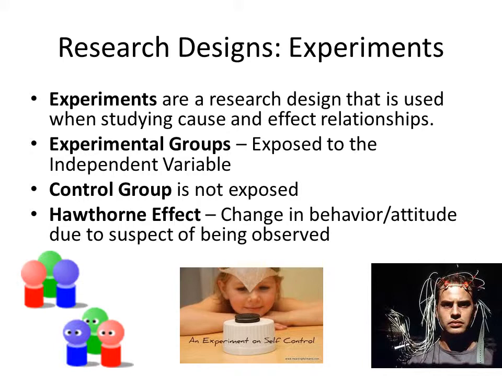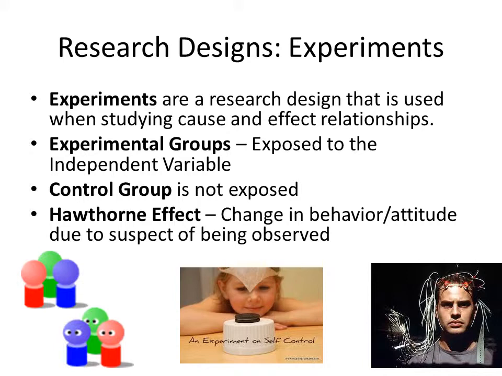Experiments are a chosen research design when studying a cause and effect relationship. An experiment is simply an artificially created situation that allows a researcher to manipulate or control the variables being studied. A classic experiment typically involves a selection of two groups due to their similar characteristics.